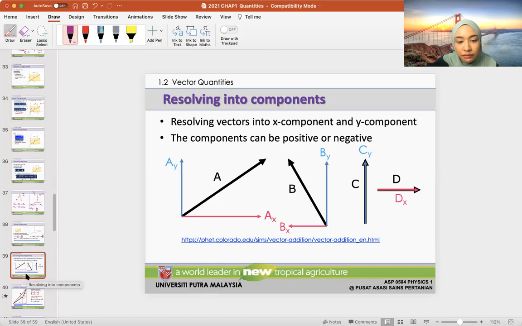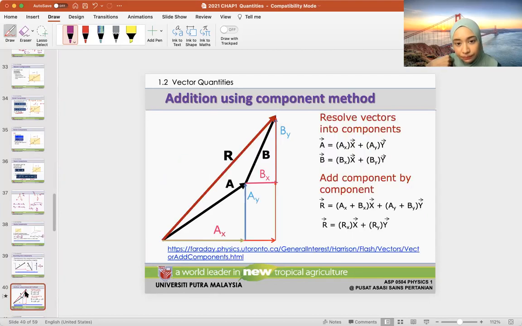Okay, so resolving into components, we talked about this at length. I think everyone understands already, so that's good. So addition using the component method. We talked about breaking the A vector into its X and Y components. What if I have A and B and I want to add them together, but I don't want to use the tail to tail method, the tip to tail or the triangle law?